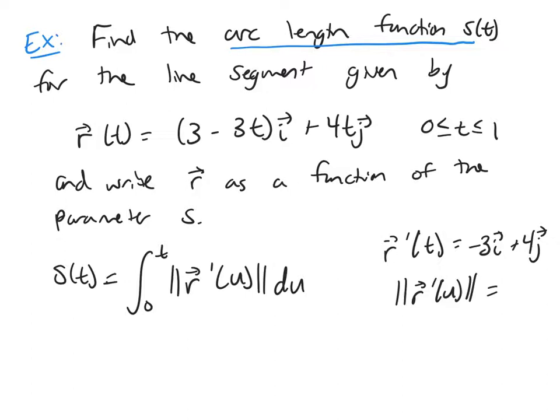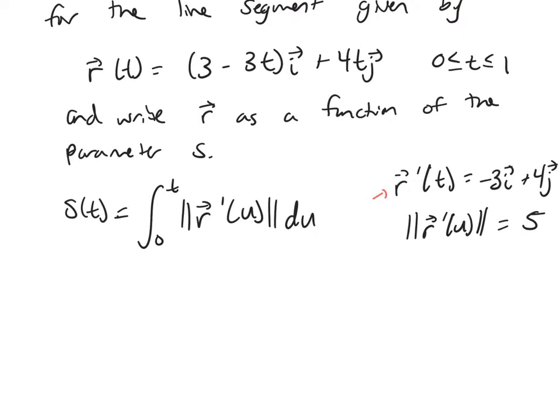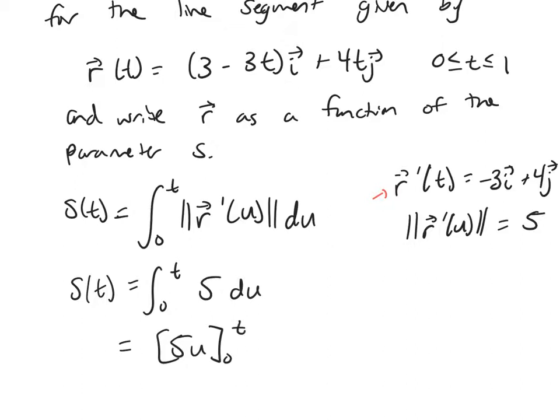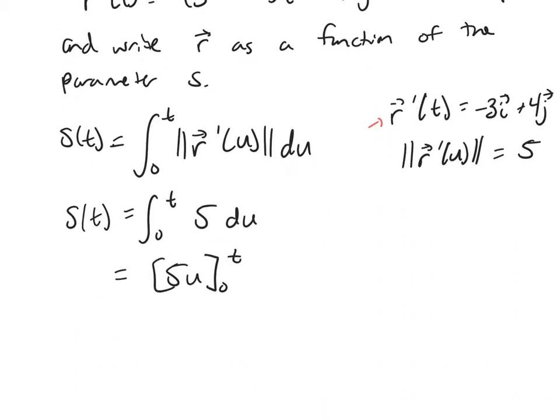If I calculate the magnitude of this vector, the magnitude would be 5. So then the arc length function s of t would be the integral from 0 to t of 5 du. So I would get 5u, and I would get 5t. So s, my arc length, is equal to 5 times t.